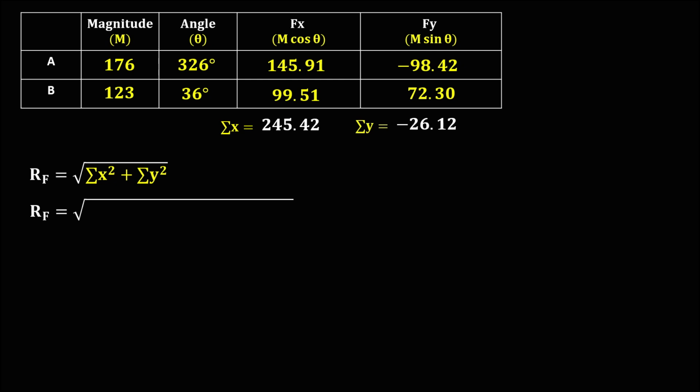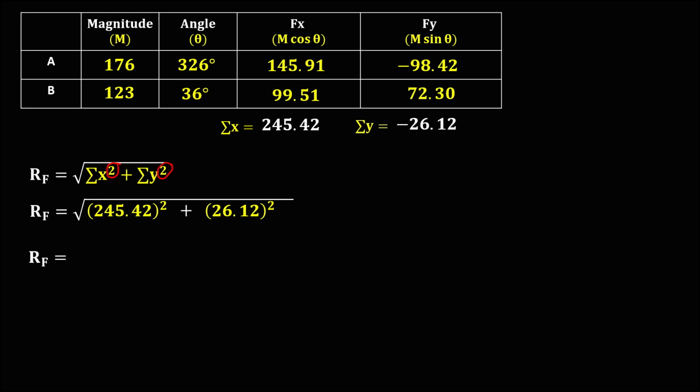Now take note, since we're taking the square of a number, we can ignore the negative. So we can have positive 245.42 to the power 2. Then plus, again, we can ignore the negative. So this is 26.12 to the power 2.